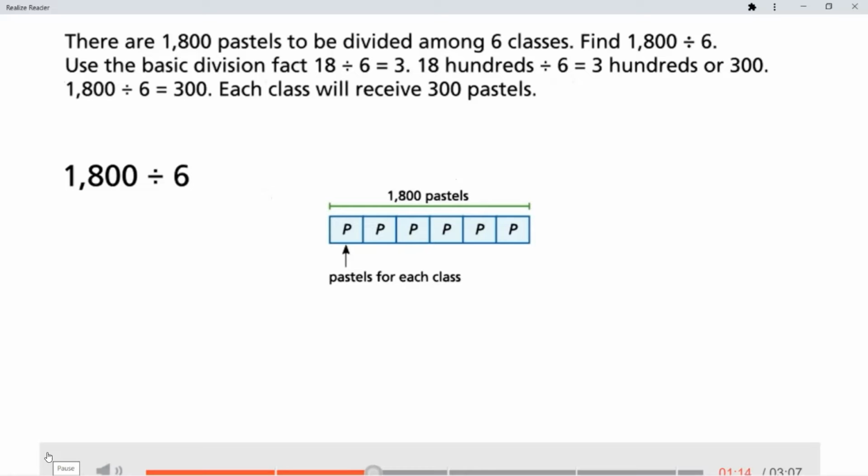Use the basic division fact 18 divided by 6 equals 3. 18 hundreds divided by 6 equals 3 hundreds, or 300. 1,800 divided by 6 equals 300. Each class will receive 300 pastels.